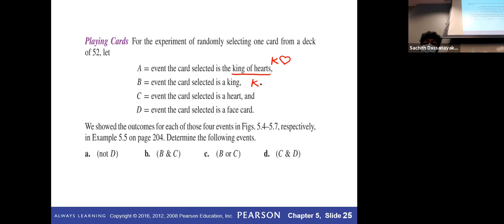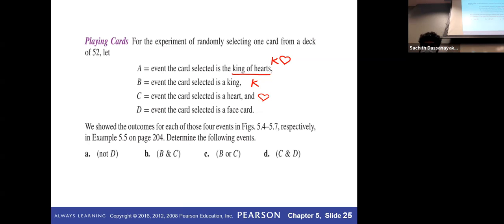The selected card is a king, so it doesn't matter the symbol, diamond, clubs, or whatever. We need a K. Event C: the card is a heart, so we need a heart. It doesn't matter what the value is, whether it's a number card or picture card. We need hearts.